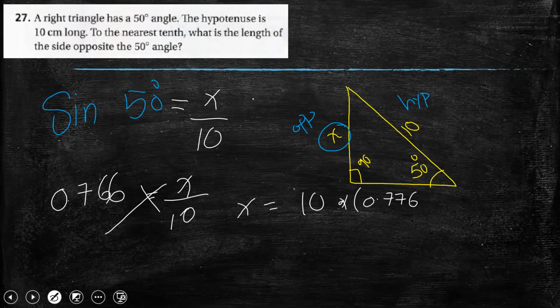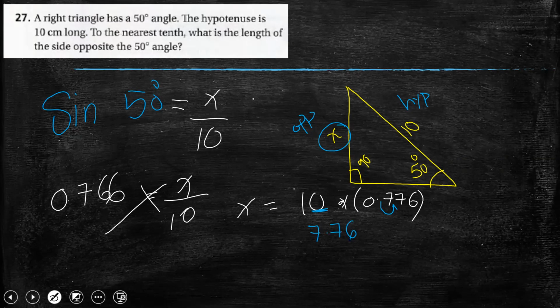0.766. When you multiply any number by 10, you have to move the decimal point to the right 1 digit, since I multiplied with a number with 1 zero.